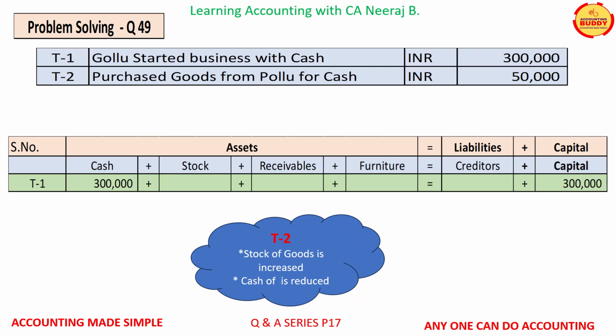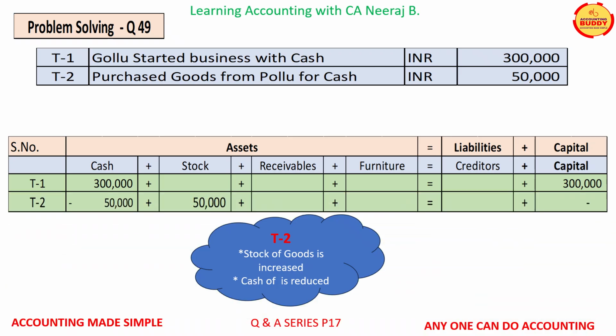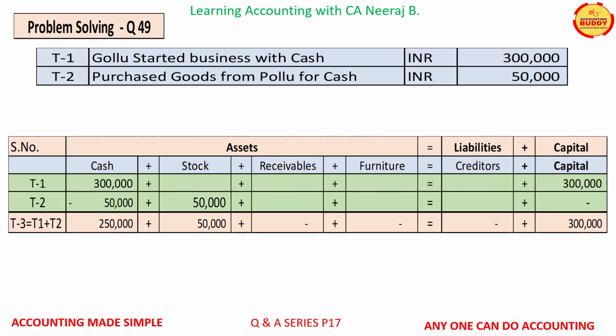And in terms of the accounting equation, this transaction will be reflected as appearing on your screens. Stock will increase and the cash will be reduced. Post T2 transaction, the new accounting equation will be 250,000 cash plus 50,000 stock equal to 300,000 of capital.